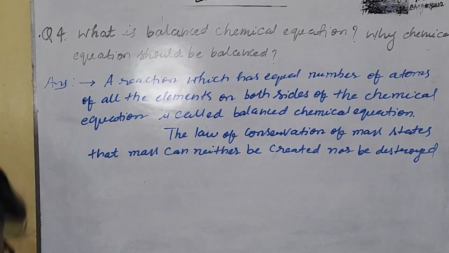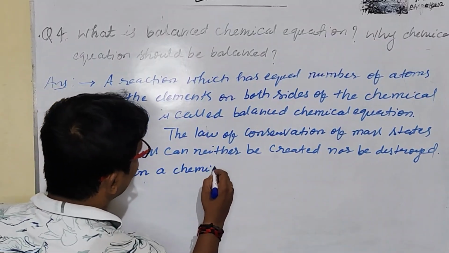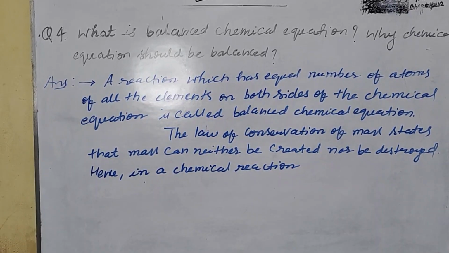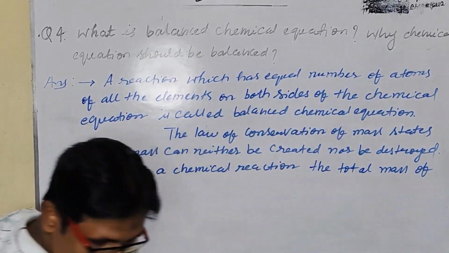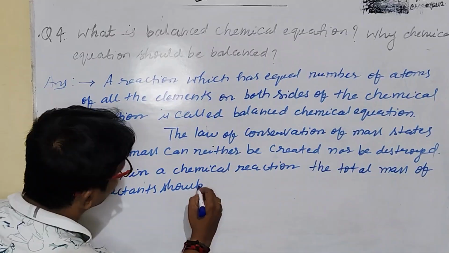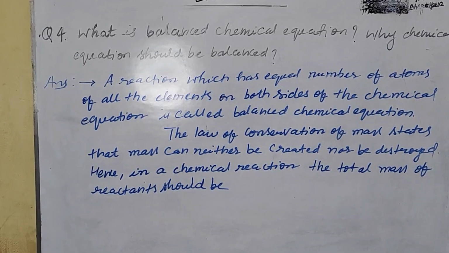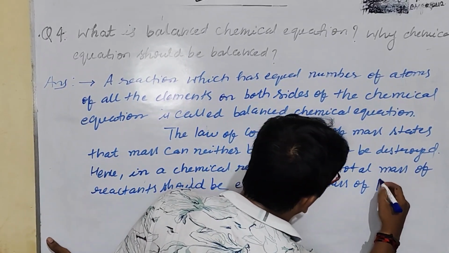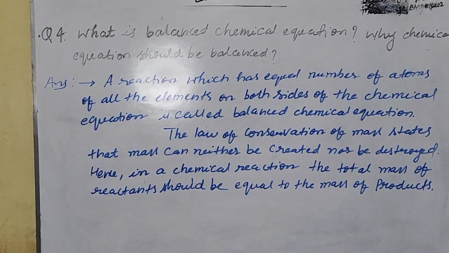Hence, in a chemical reaction, the total mass of reactants should be equal to the mass of products.